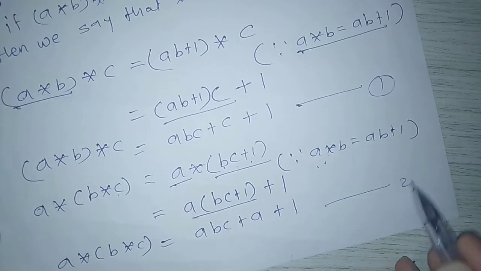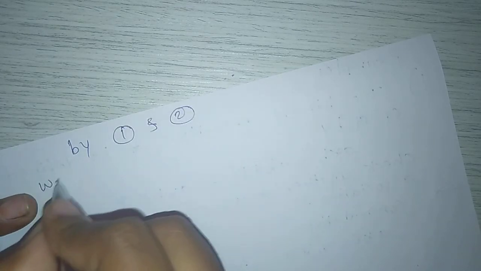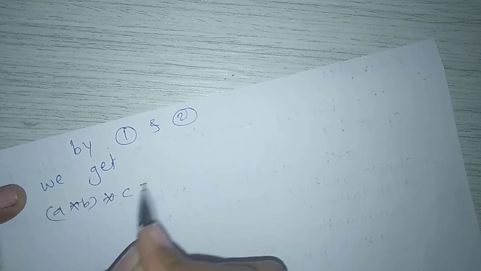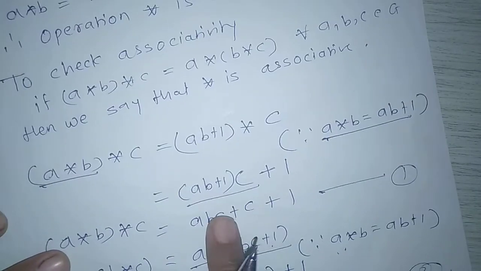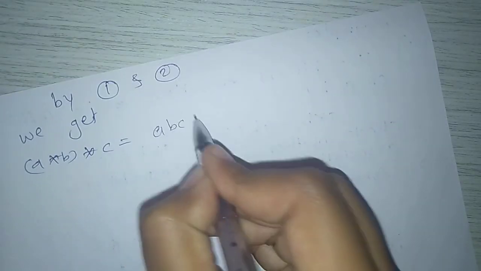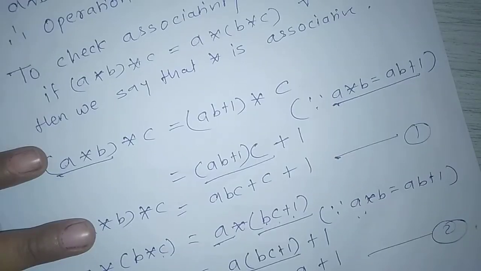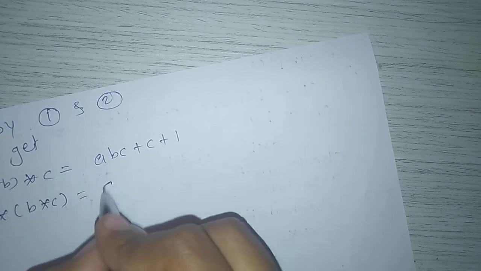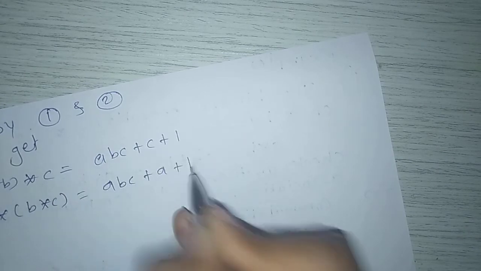By 1 and 2, we get A star B star C equal to ABC plus C plus 1, and A star of B star C equal to ABC plus A plus 1.